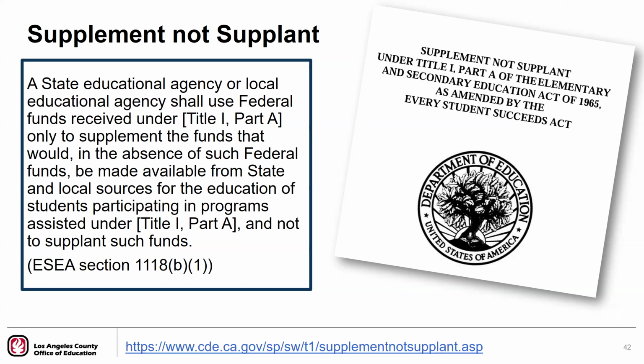They're not equipped to make the determination if expenditures are indeed supplemental. This foundation in instruction is critical to being able to appropriately utilize funds as they are intended. Therefore, program and fiscal teams need to work together to appropriately use and account for the organization's use of these funds. Okay, so supplement, not supplant.